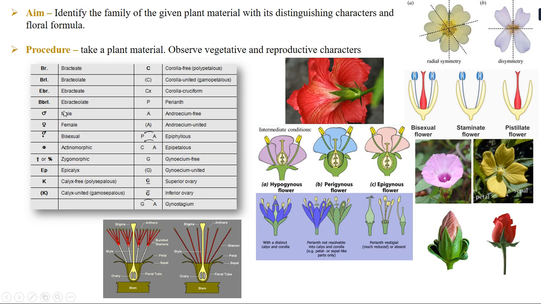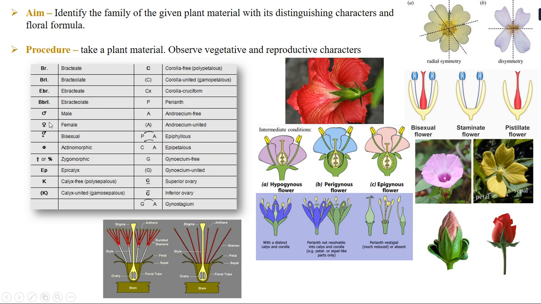This is the symbol for a male flower. And if the flower is showing only the carpellate part or the pistil, that is the gynoecium, the stigma, style and the ovary, that means it is a unisexual flower and it is a female flower. So the symbol that is denoted for a female flower is this.